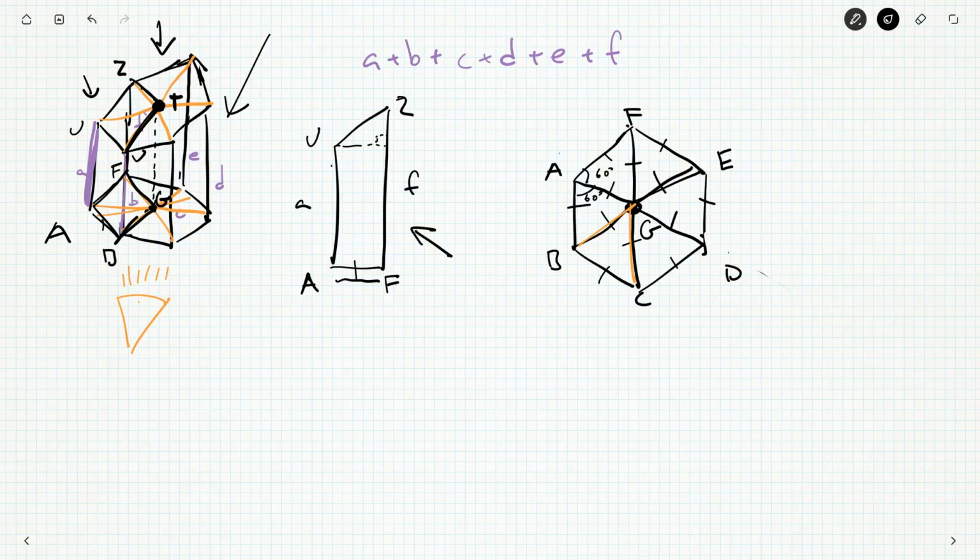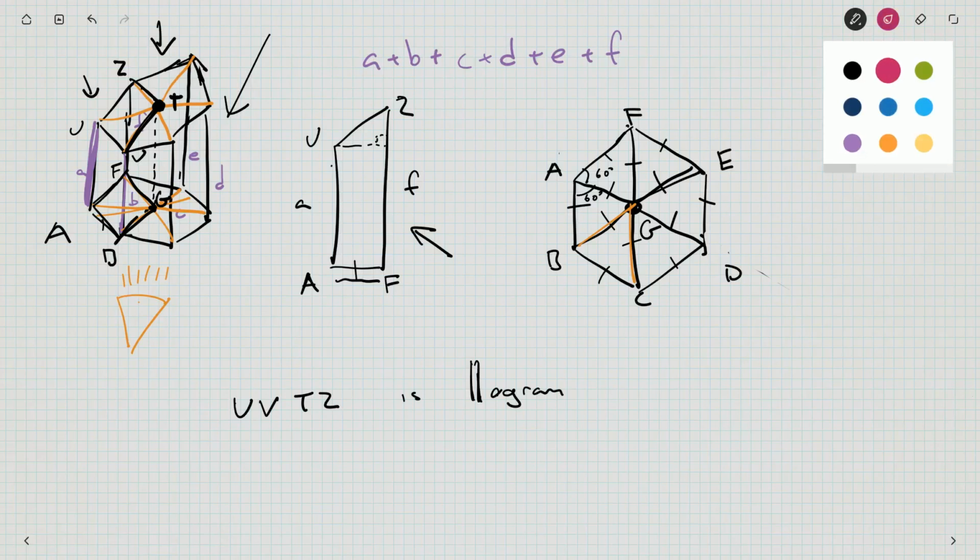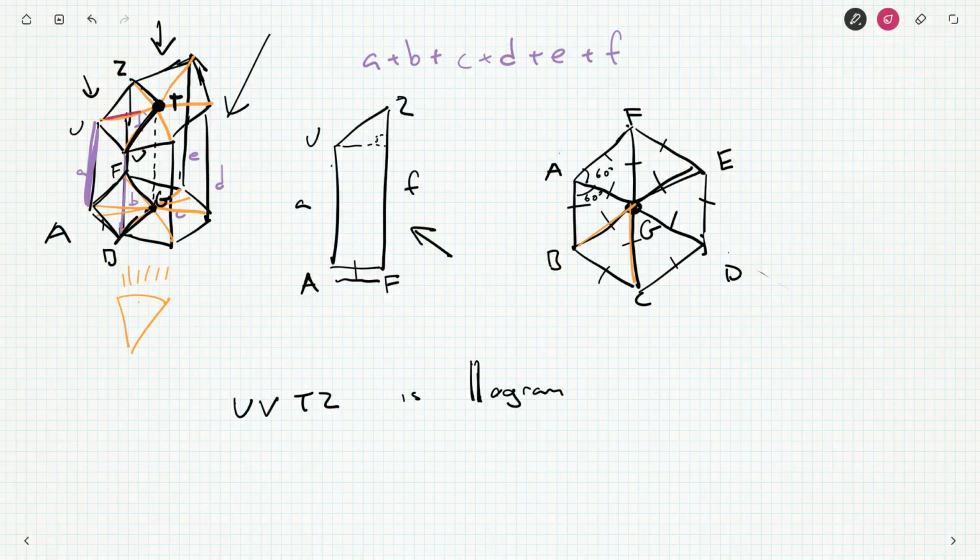So UVTZ is a parallelogram, parallel line symbol. But then I'm going to have a bunch of other parallelograms too, aren't I? I've already used purple. The question is, this is true, but is this helping me in any way?